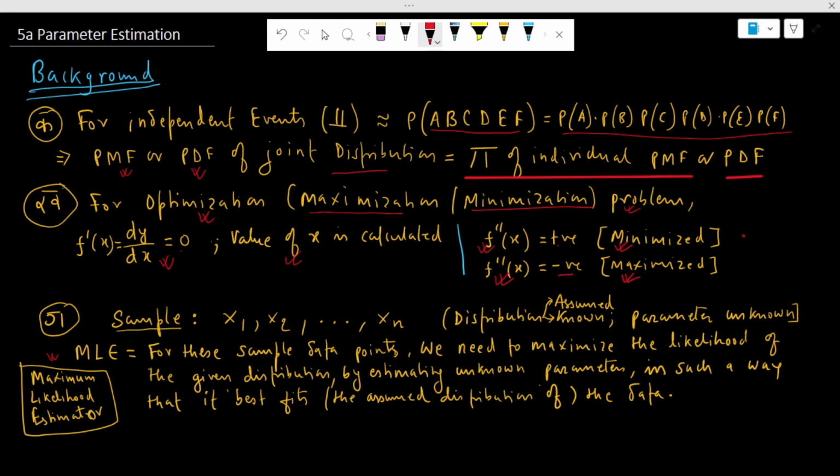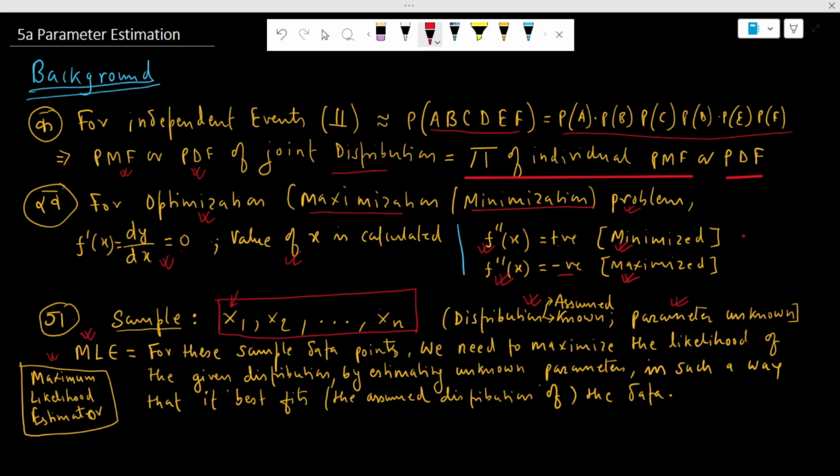Now let us create a context for the maximum likelihood estimator. We are taking a sample from x1 to xn. These are independent random variables, and we assume that these observations follow a certain distribution, but we don't know the parameters defining this distribution.